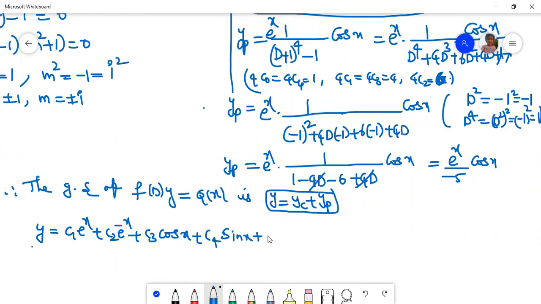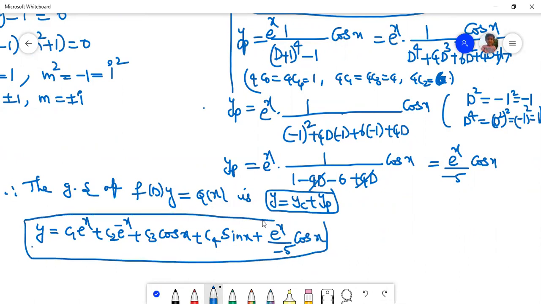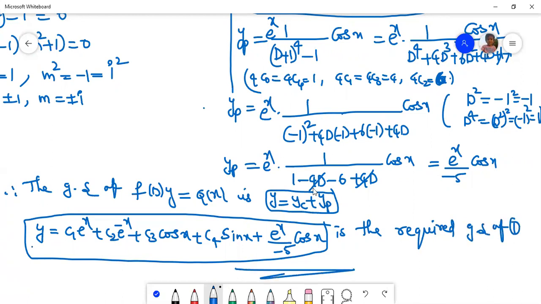Yp is e power x by minus 5 into cos x, is the required general solution of given equation 1. This is the solution.